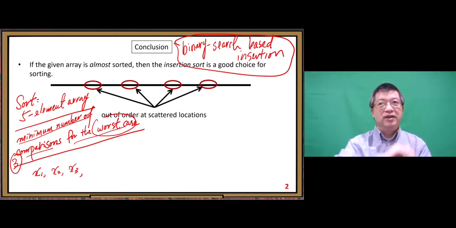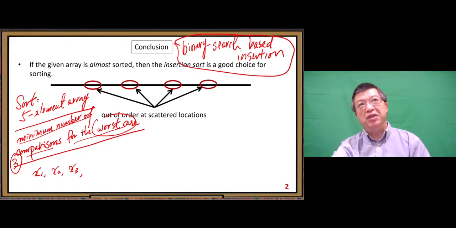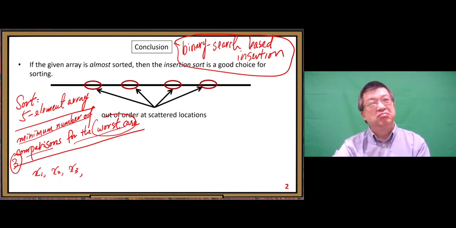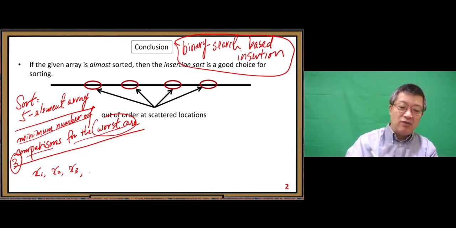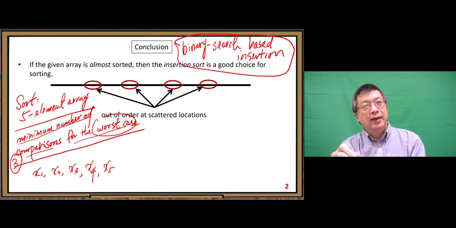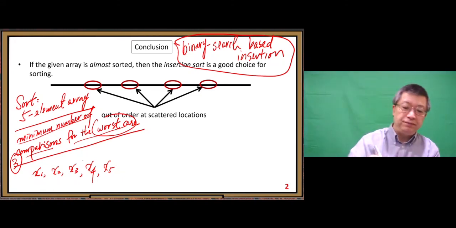Here we have the insertion sort background. We can solve it in a very, very simple way. So let's do it. x1, x2, x3, x4, x5. Divide and conquer. So you know how powerful this idea is.